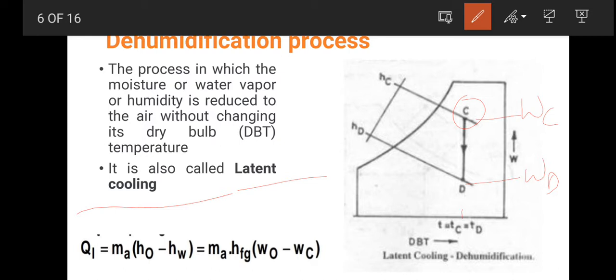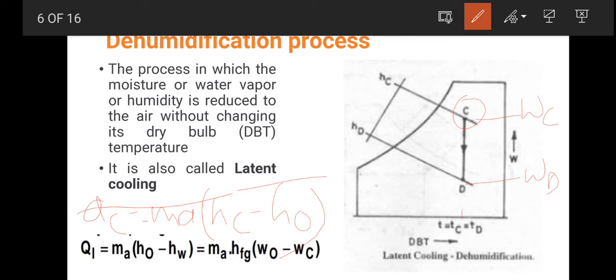Here the formula is Qc equal to Ma times (hc minus ho), where hc is the enthalpy at point C, and ho is the enthalpy at point O.